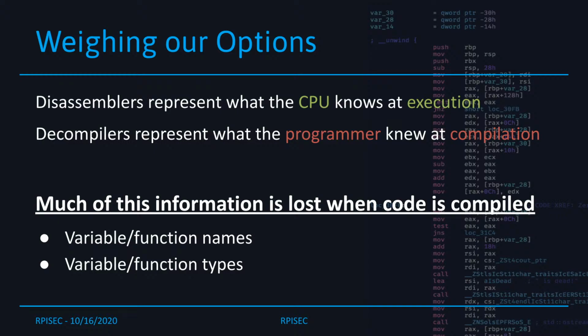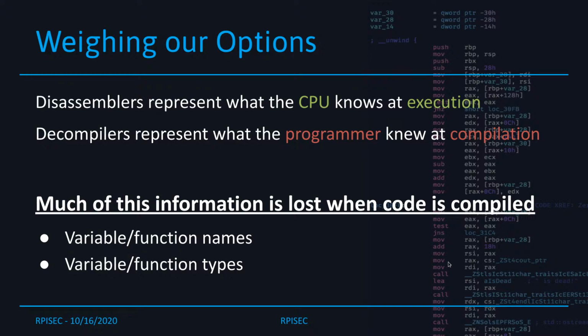And then in some special circumstances, when we're looking at malware or when we're looking at code that the authors really don't want us to be looking at, there are a lot of special tricks that can be used to fool a decompiler. But because a disassembler is much closer to what the CPU sees at execution, it's really, really difficult to trick a disassembler, but it's relatively easy to trick a decompiler.